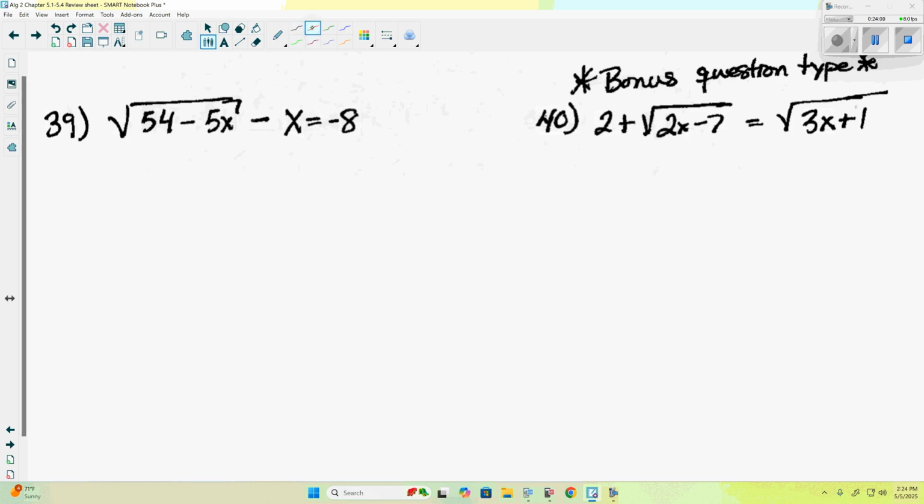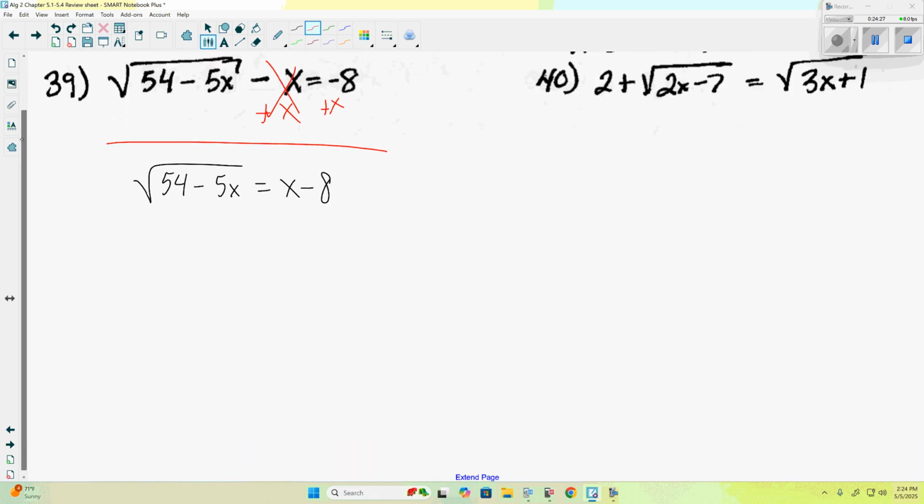Let's look at 39. There is one radical and we need to get it by itself. So we can add x to both sides, telling us that the square root of 54 minus 5x is equal to x minus 8.